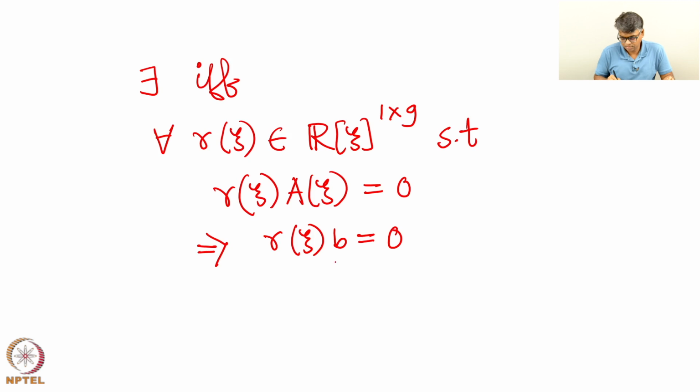R(xi) annihilates the trajectory B. Then and only then do we have a solution, right?